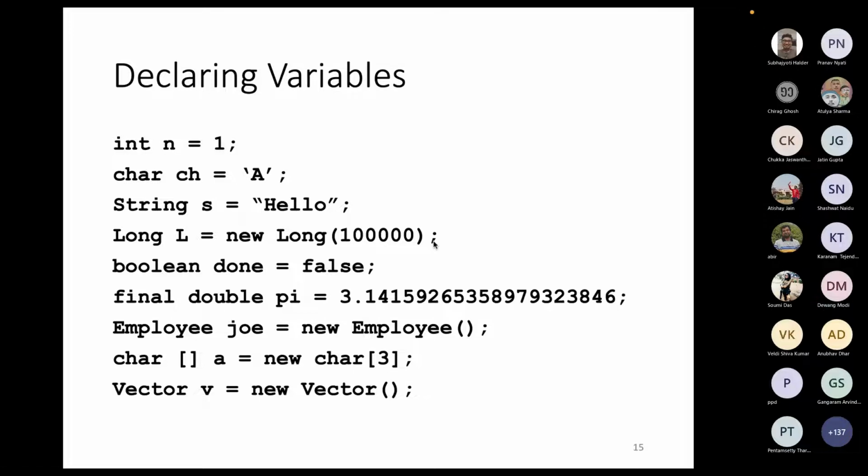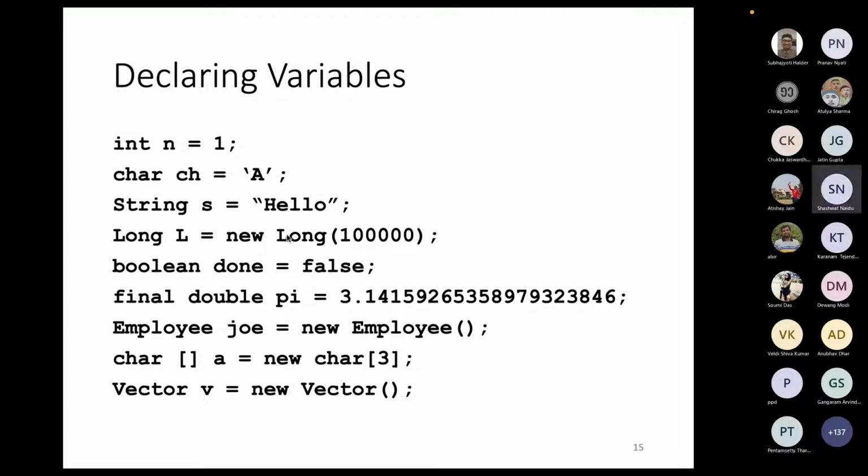And then this equal to is assigning, so the left hand side is declaring a reference whose name is L. It's a variable, the name of the variable is L. This L refers to this particular object which has now been created. So this L is a reference to this object that has been created.